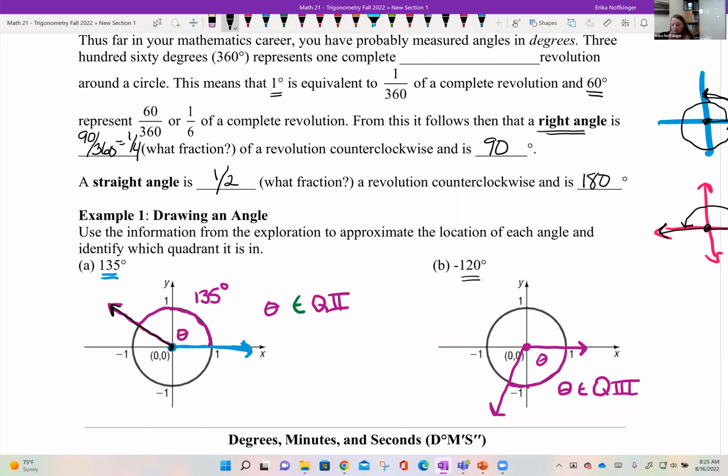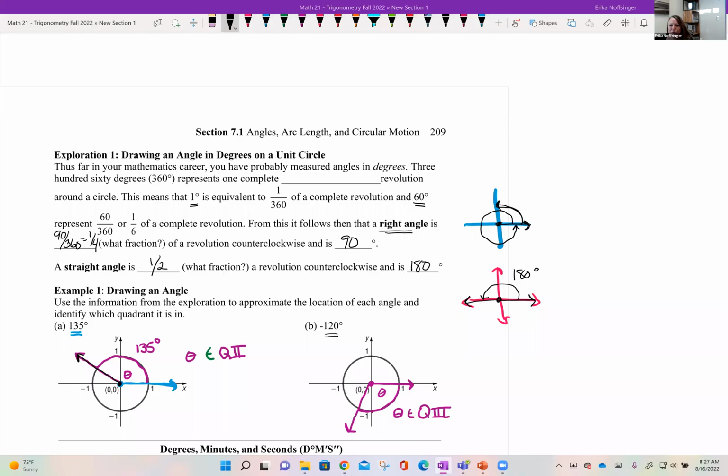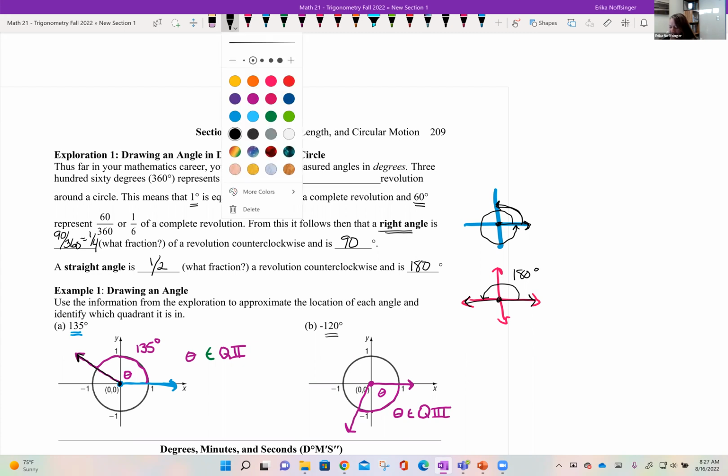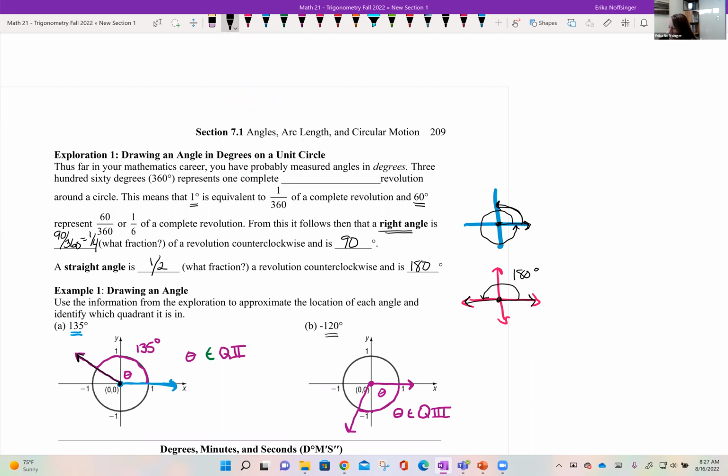How about have one of them be a positive angle and one of them be a negative angle that gets us to the 135 and negative 120. So now that you've had a chance to think about it, let's talk about 2 choices, but there's an infinite number of ways that we could get to those terminal sides, both positive and negative.